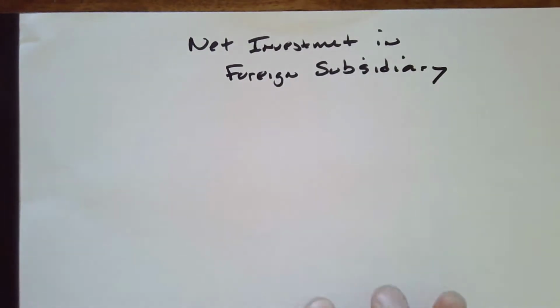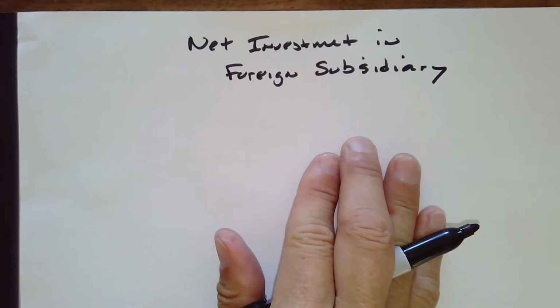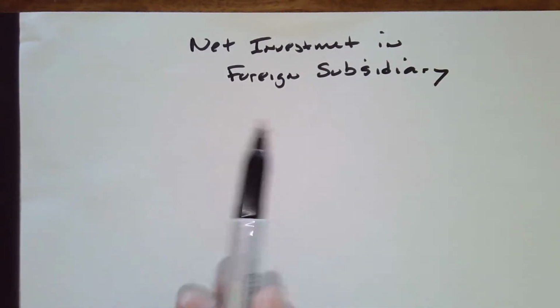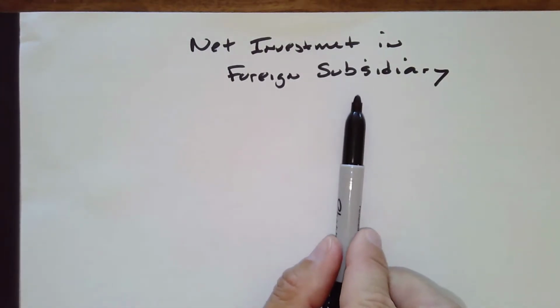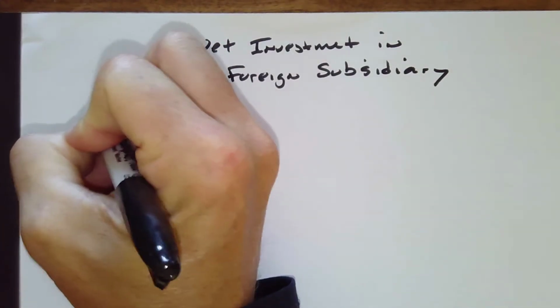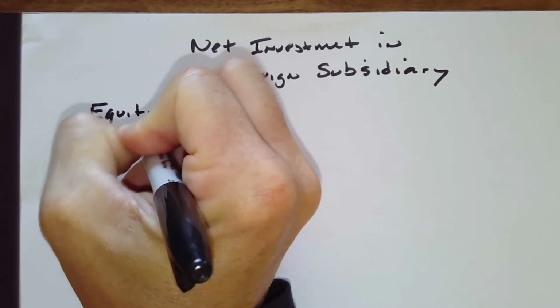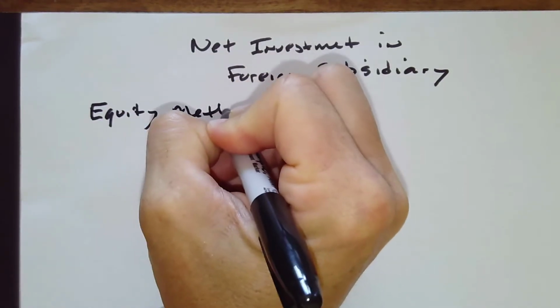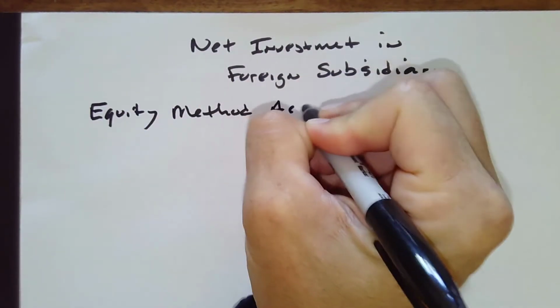In this particular case, this could be an investment in a foreign subsidiary where we are using the equity method of accounting.